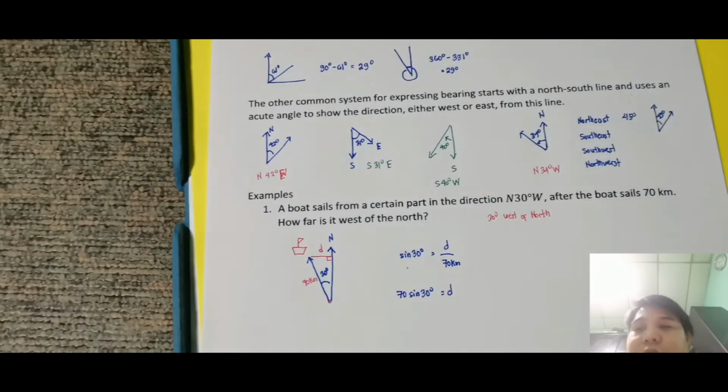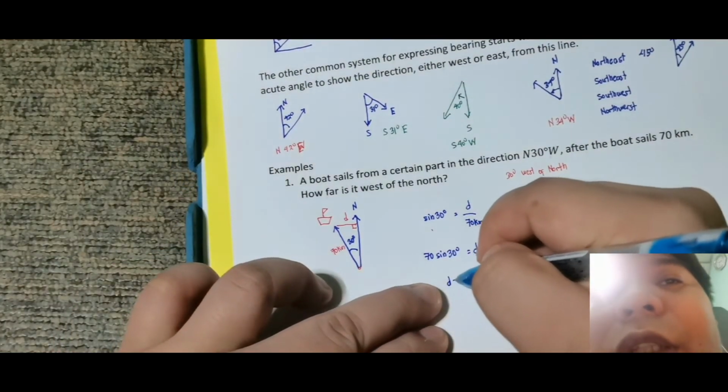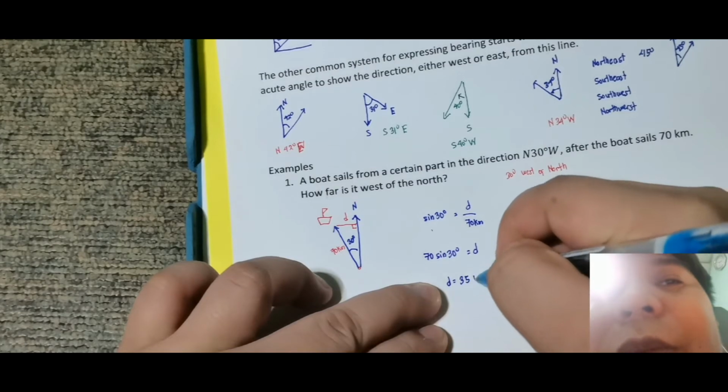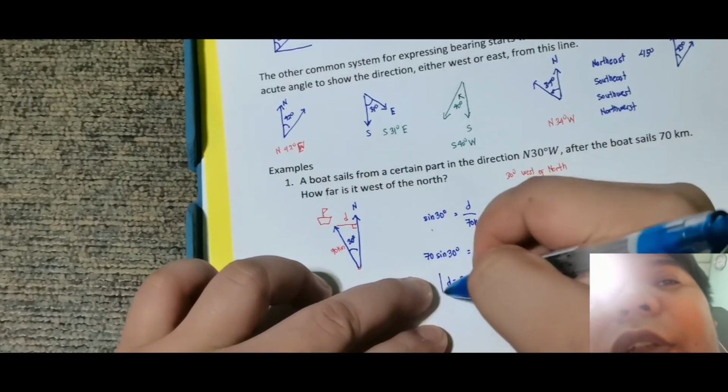That is 35. Okay, eksaktong 35 siya. So D is equal to 35 kilometers.